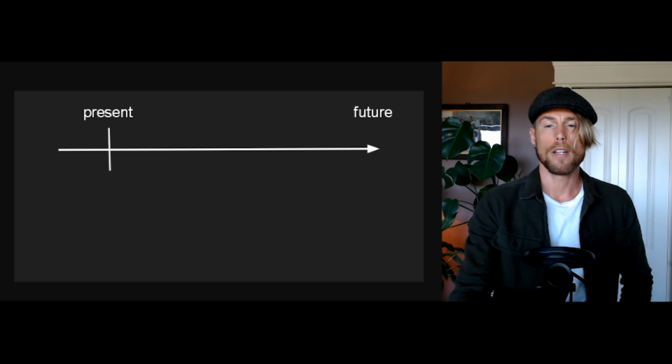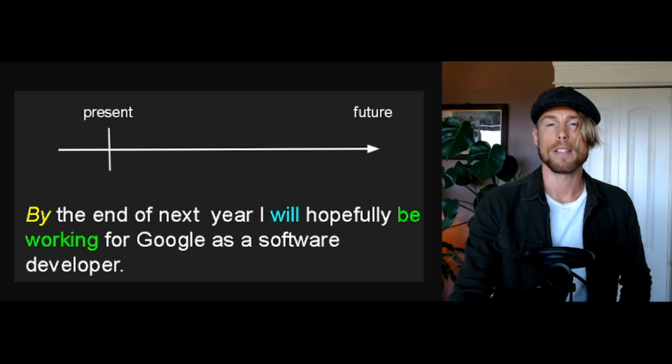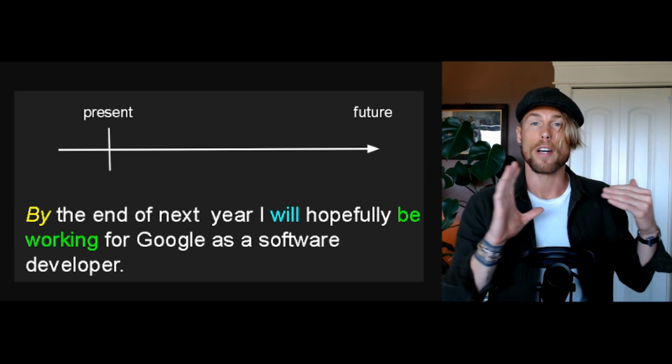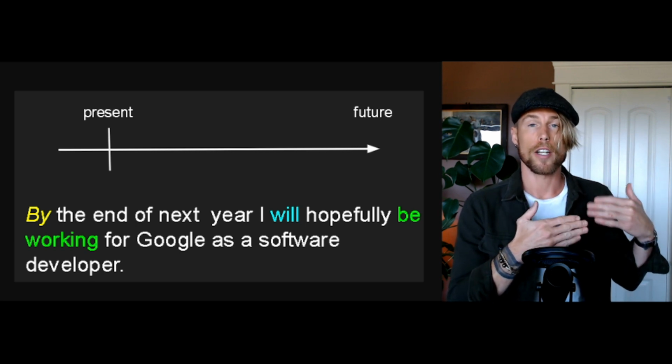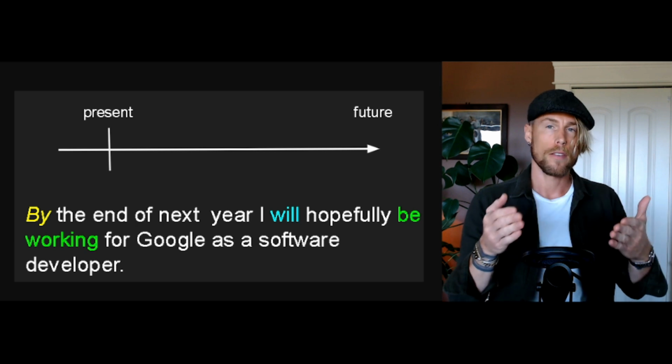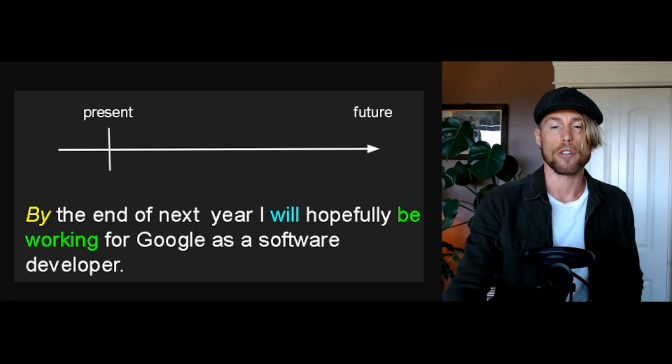Let's visualize that. So we have our present and future timeline again, and our example. By the end of next year, I will, hopefully, be working for Google as a software developer. Now, this is not true for me. Imagine the previous example of the person completing their computer coding diploma. This person also says, by the end of next year, I will hopefully be working for Google as a software developer.